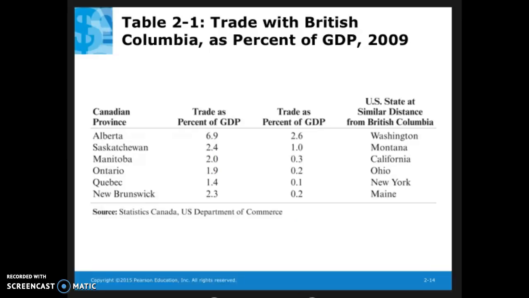And here you can see that trade with British Columbia between Canadian provinces is much higher than trade with states of around the same distance away. You can see that Alberta trade as a percentage of GDP is about 7%, while trade with Washington, which is a similar distance away, is about 3%.